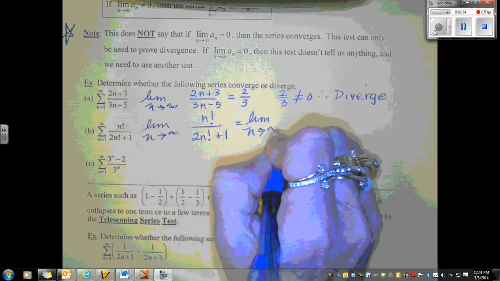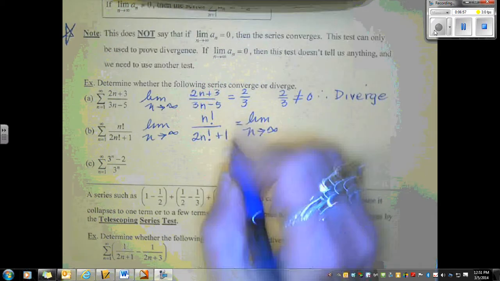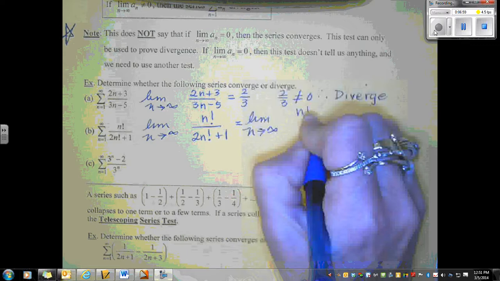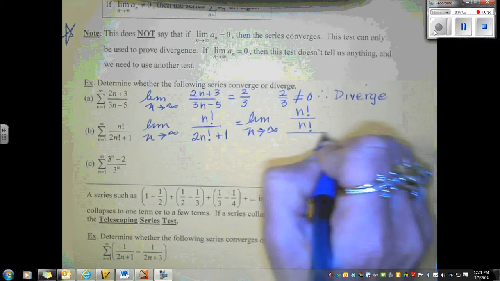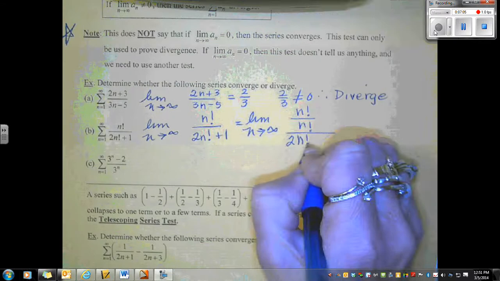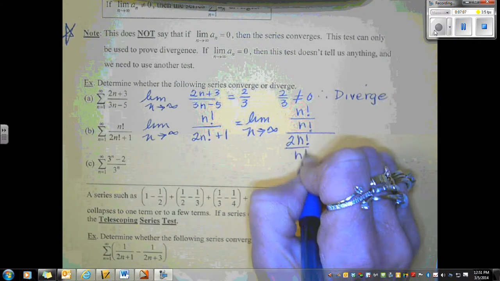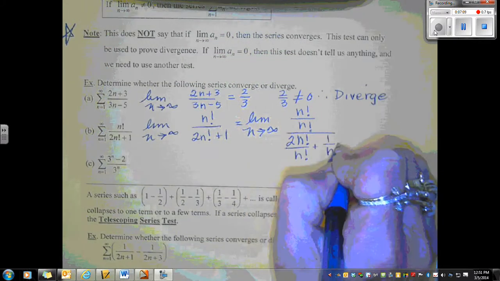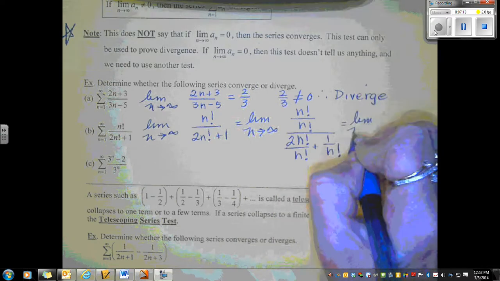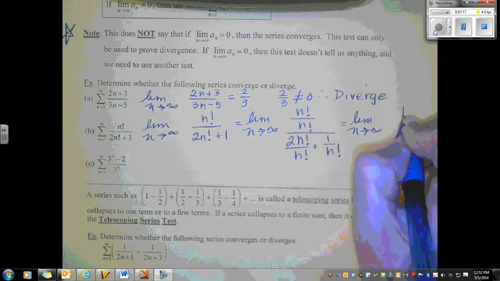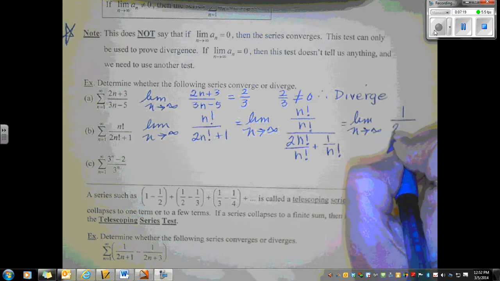It's just like dividing everybody in here by an n. So we're going to say n factorial over n factorial divided by 2n factorial over n factorial plus 1 over n factorial equals the limit as n goes to infinity of 1 divided by 2 plus 1 over n factorial.